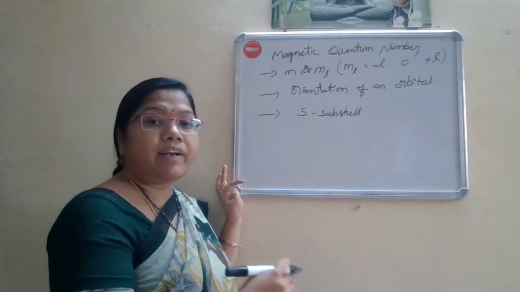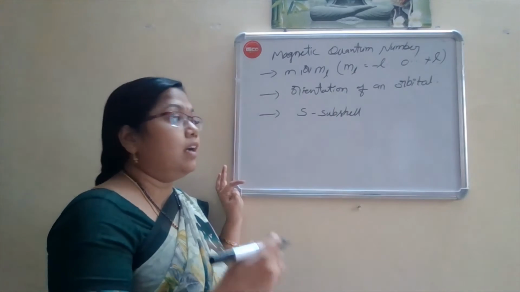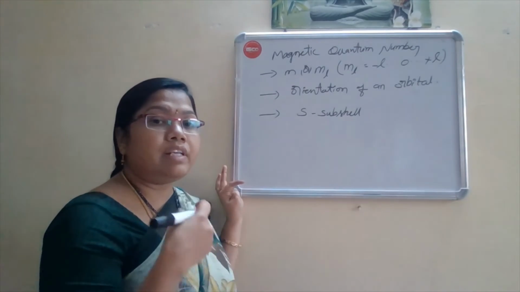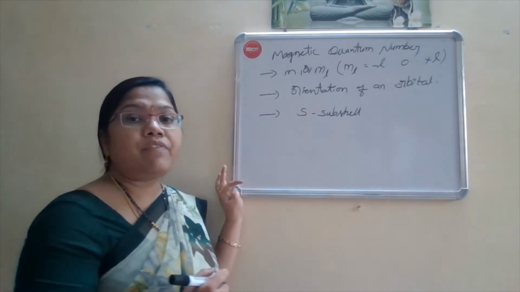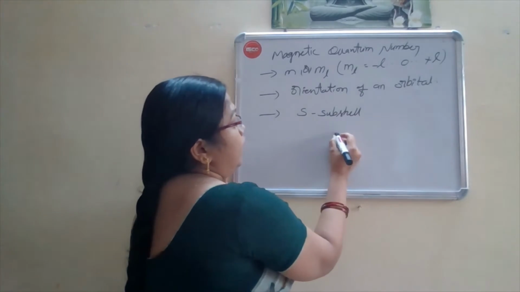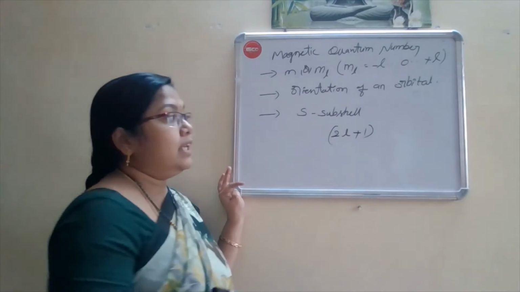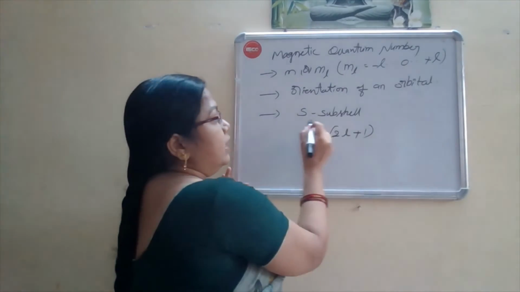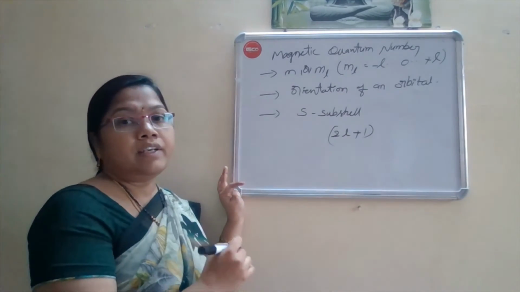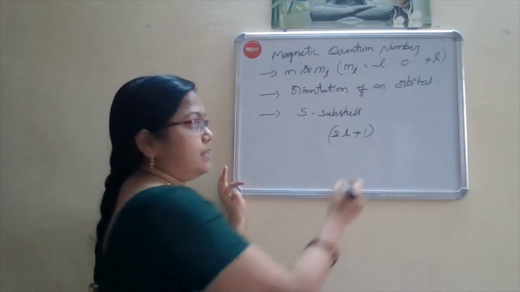The d subshell is divided into individual orbitals. And the f subshell is divided into individual orbitals by using the formula 2l plus 1.